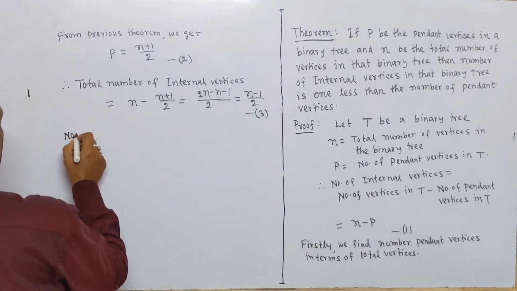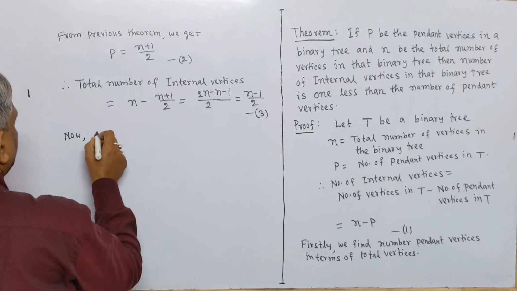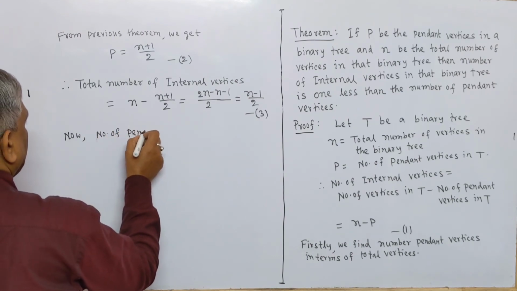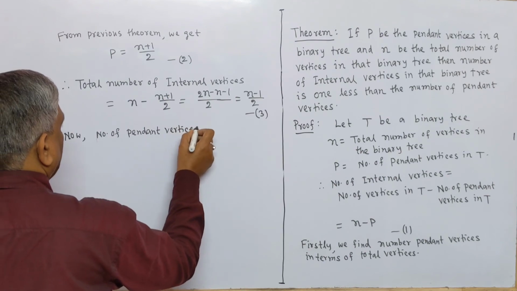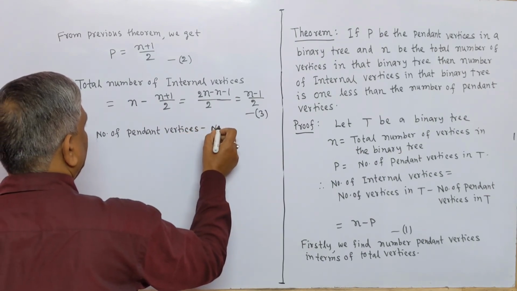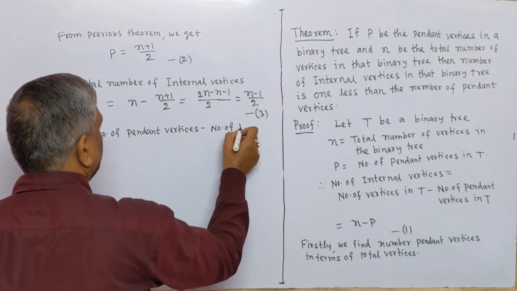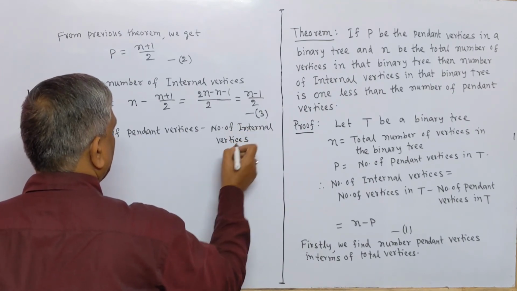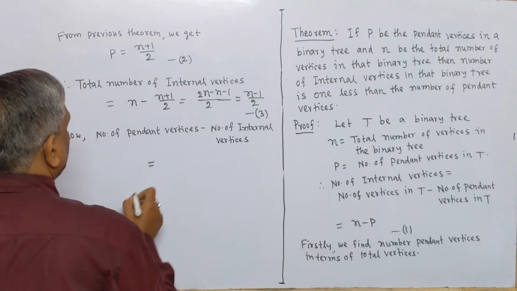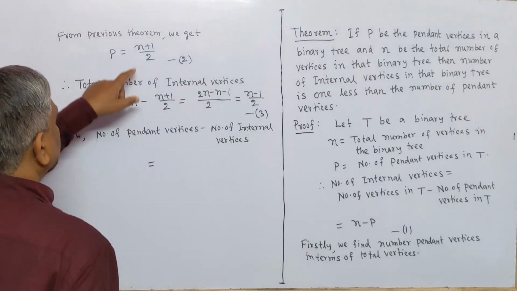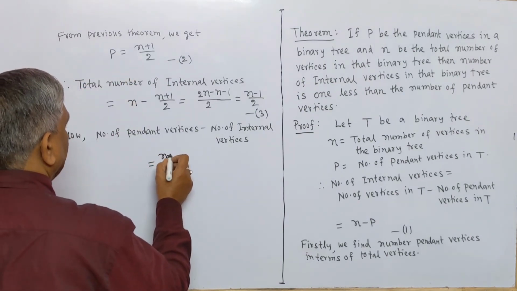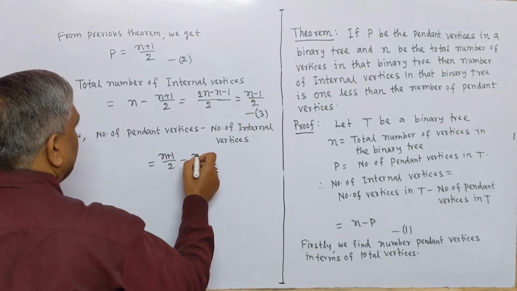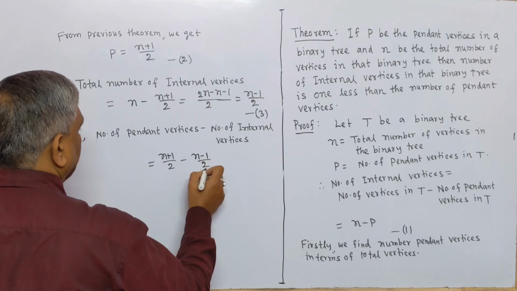Now, the number of pendant vertices minus the number of internal vertices equals n plus 1 by 2 minus n minus 1 by 2.